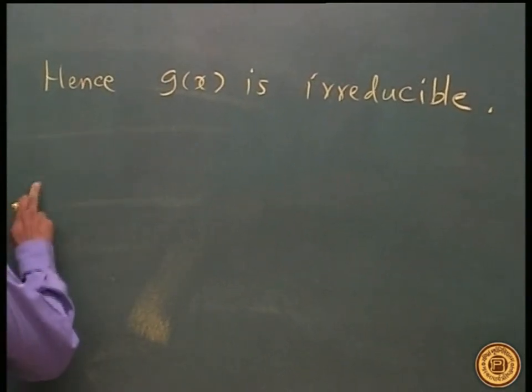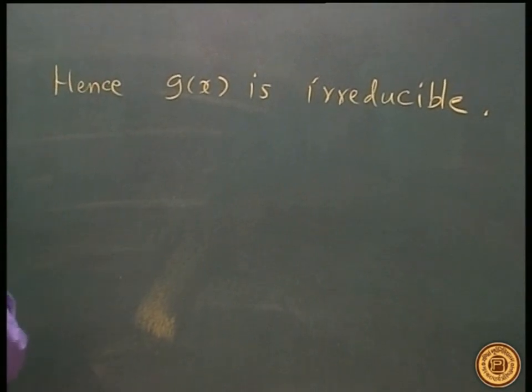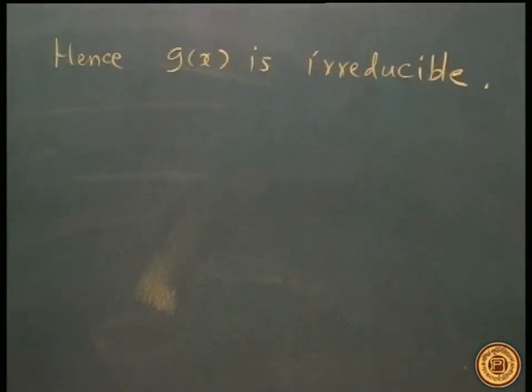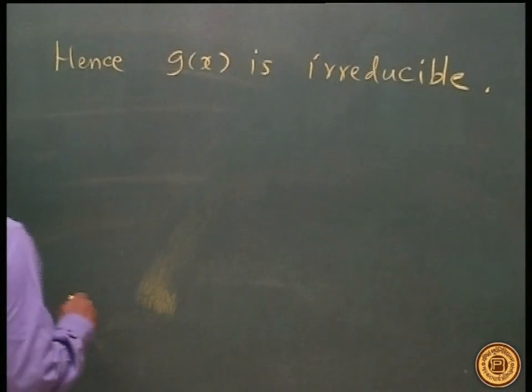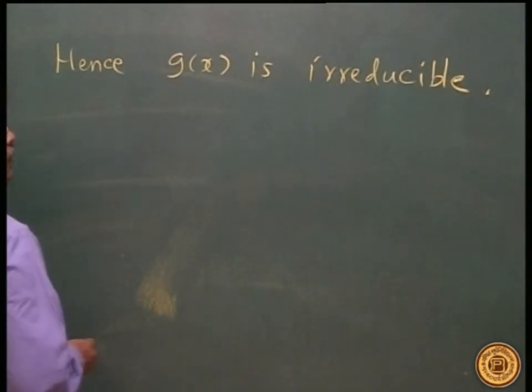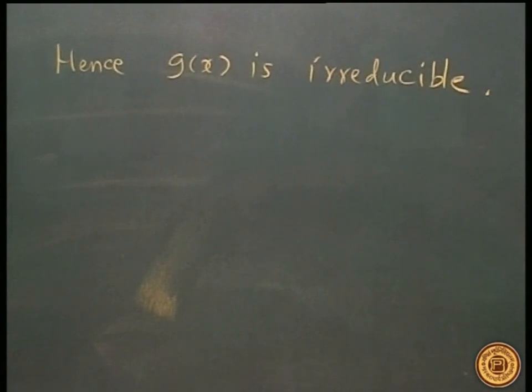Suppose we have another polynomial, say capital G(x), which is also monic and irreducible.